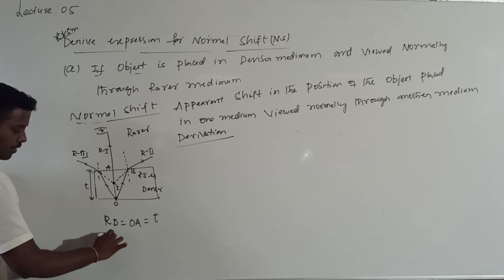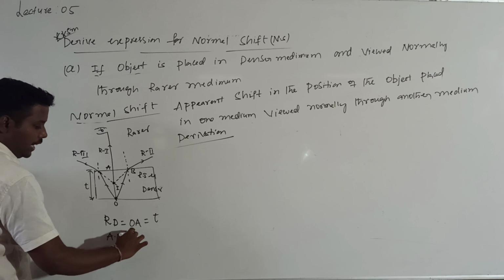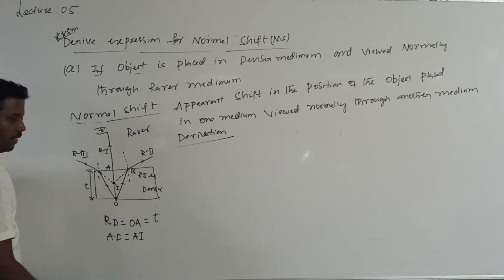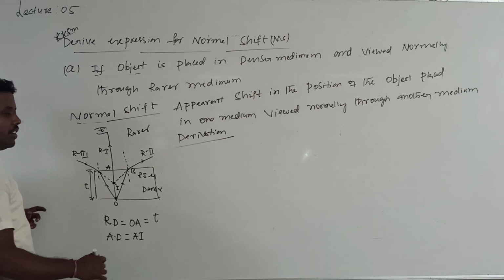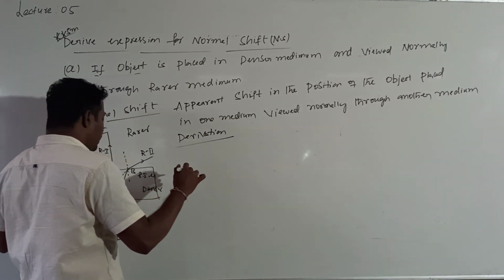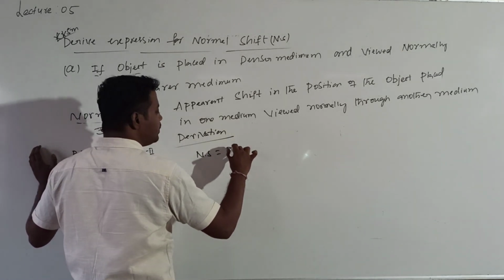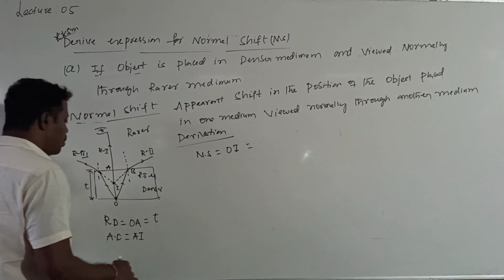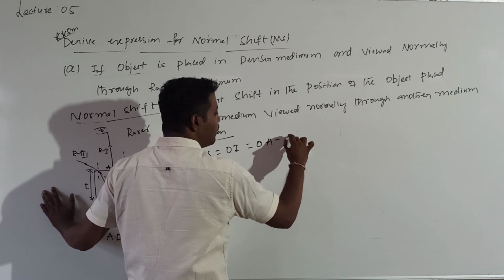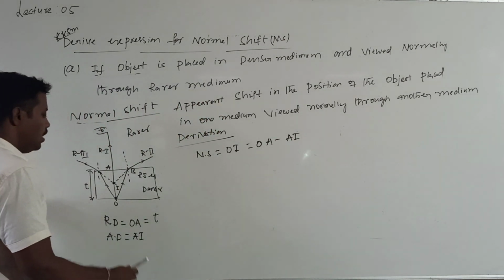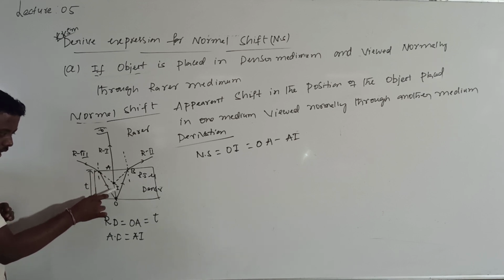And the apparent depth, AI. The normal shift is nothing but OI, which can be written as OA minus AI.